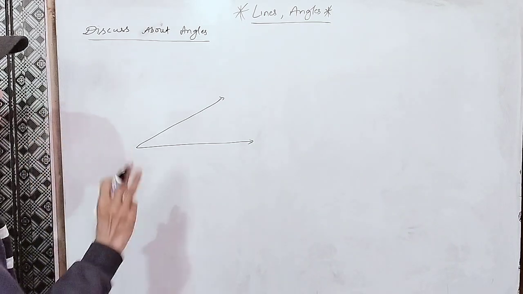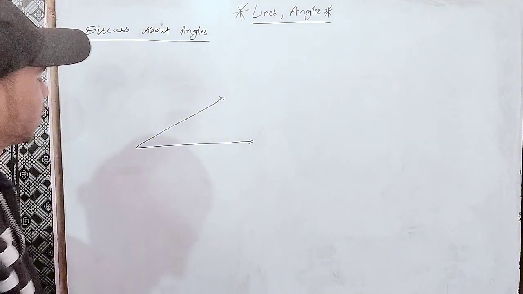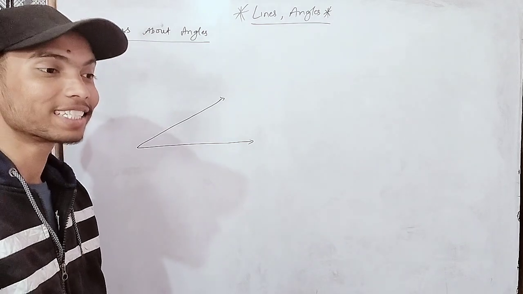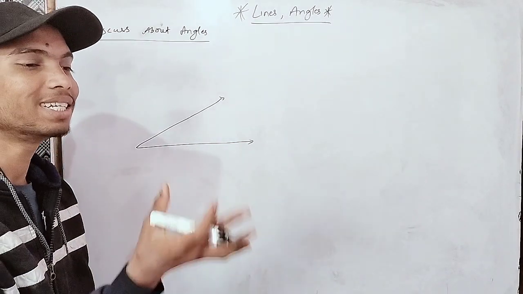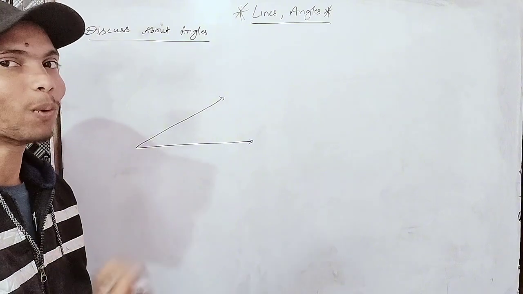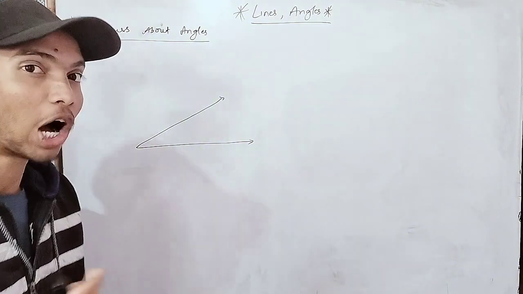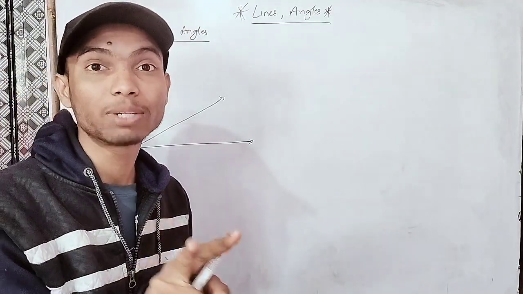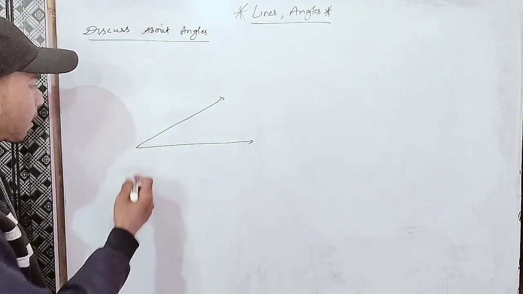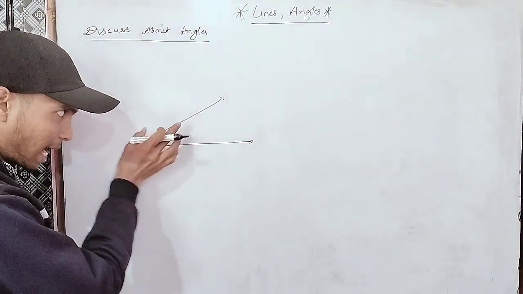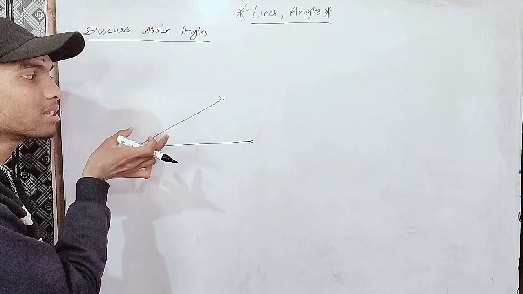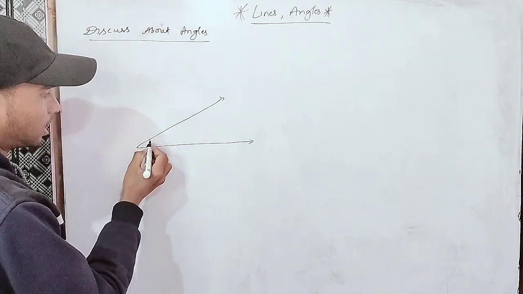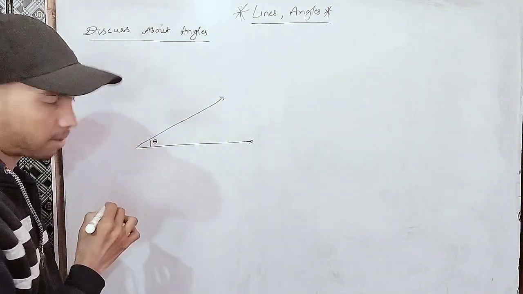Whenever we talk about angles, we are saying how much is the rotation between two lines. How much is the rotation between two objects, otherwise you can say between two lines. Between these two lines, how much rotation is there? This will be known as angle.